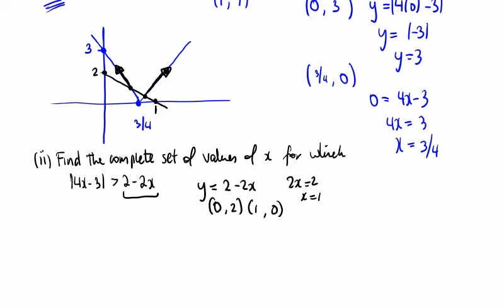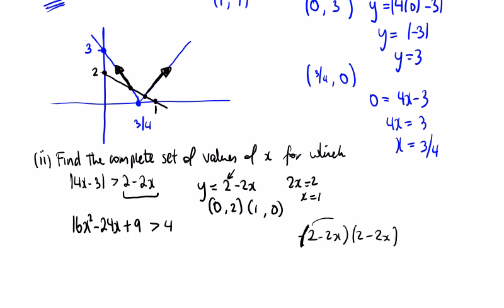Well, we're going to square both sides here. So squaring the left hand side, we're going to get 16x squared minus 12x twice and plus 9. And if we square the right hand side, we're going to get 2 by 2, which is 4. You should probably write it out like this: 2 minus 2x by 2 minus 2x if you need to.